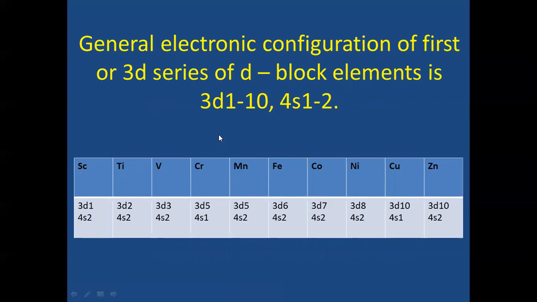Here, let us consider scandium, which is the first element, titanium, then vanadium, chromium, manganese, iron, cobalt, nickel, copper, and zinc. These are the 10 elements of the first series of d block elements. Now, if we consider these elements, first scandium, the atomic number of scandium is 21.